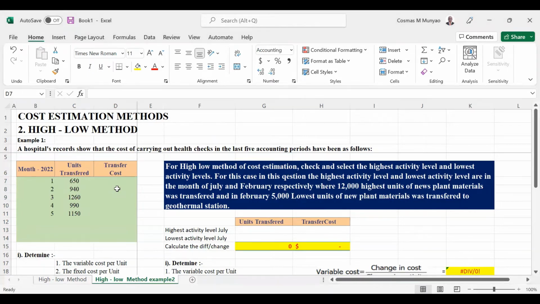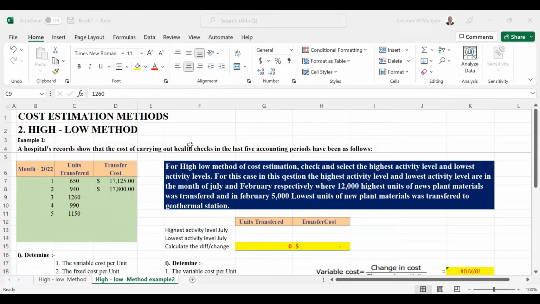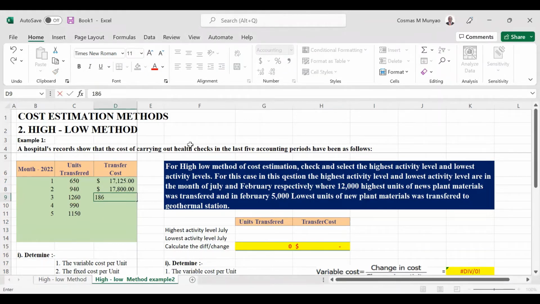So what was the cost of carrying out health checks? In period 1, the hospital used 17,125. In period 2, by conducting 940 health checks, the hospital spent 17,800. In period 3, the hospital spent 18,650.